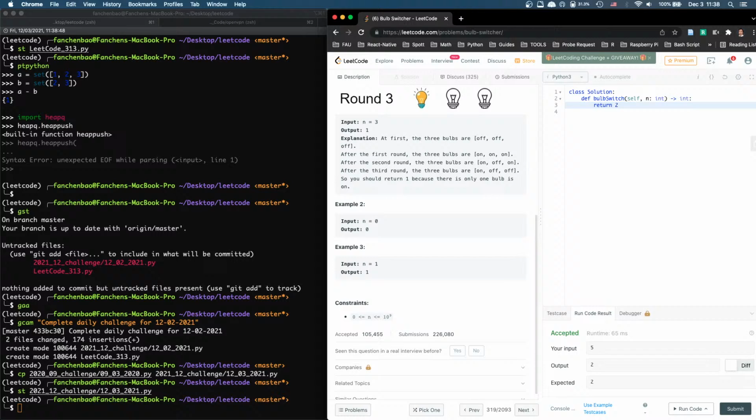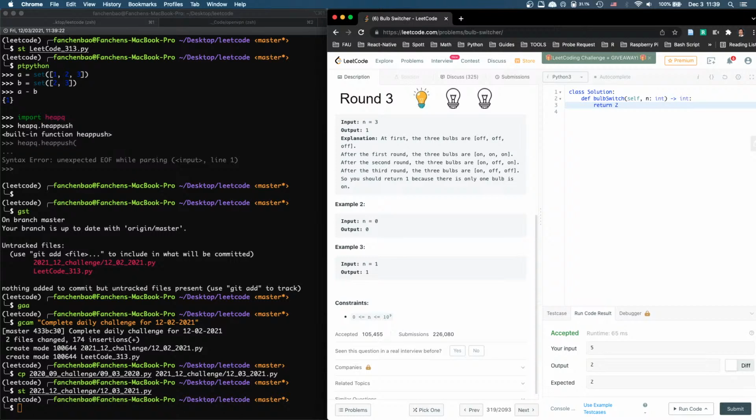So for each position, hold on, let me do this again. For all the even positions, will be 0 after the first toggle. Yeah, I'm trying to see number 6, right?